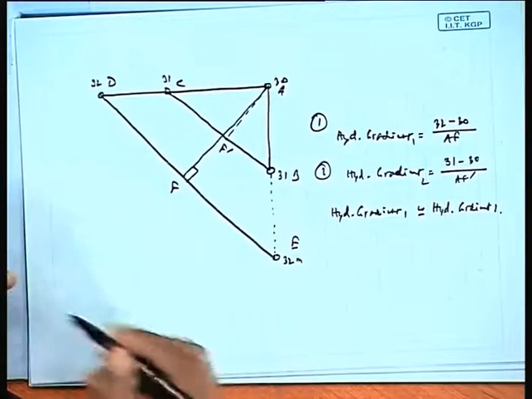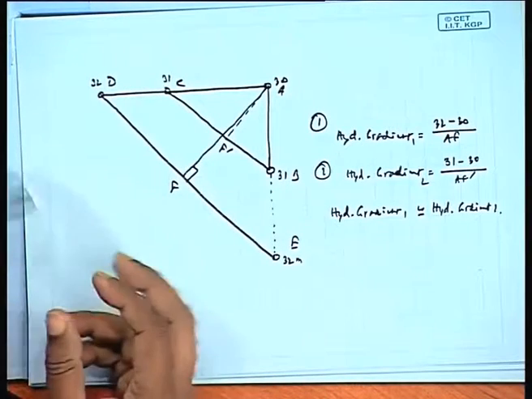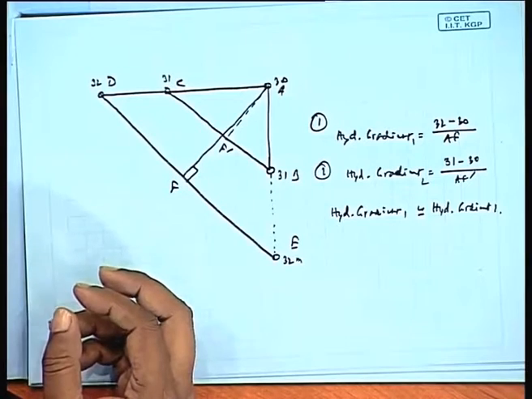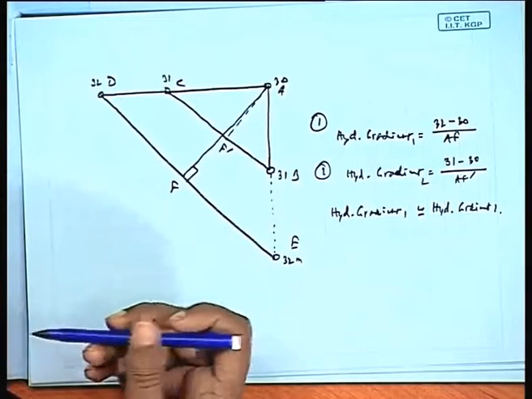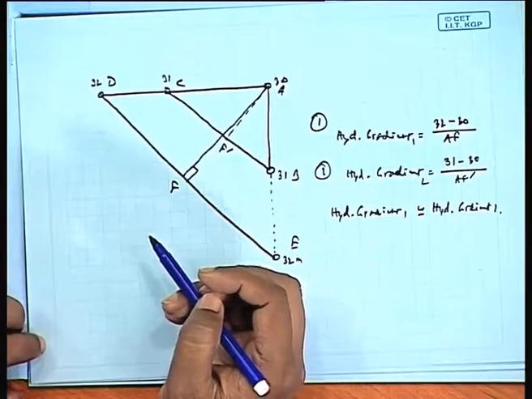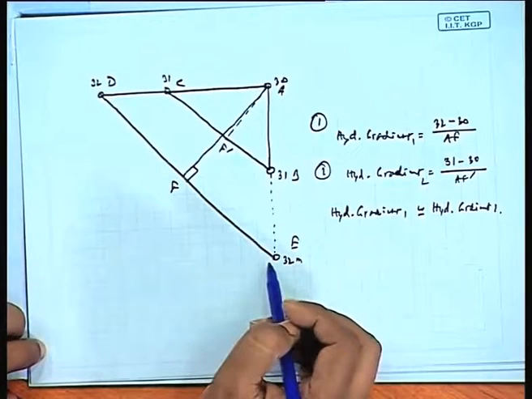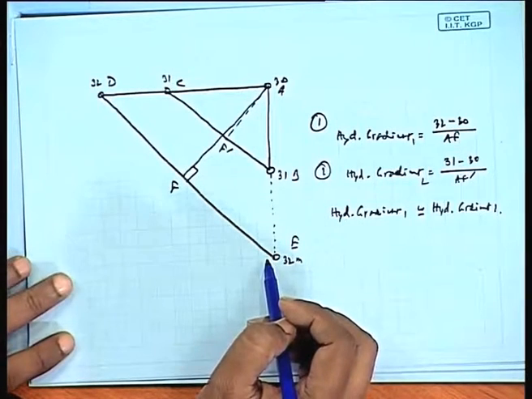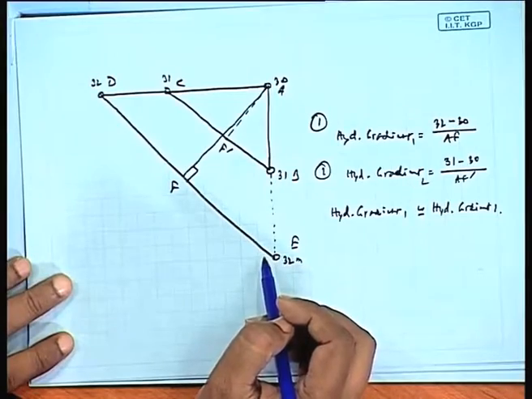Now the question is, having said this, is there always an equipotential line, or is there an equipotential line which necessarily has to be a straight line? It is not.